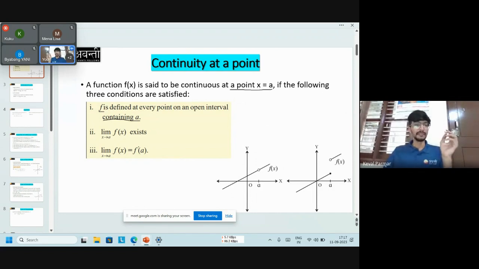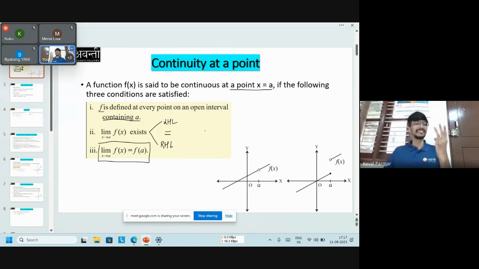Next, limit as x tends to a of f of x exists. Now we all know the limit is in two parts, that is LHL and RHL. Both are the same, which means the limit exists. And third, the limiting value should be equal to the functional value.